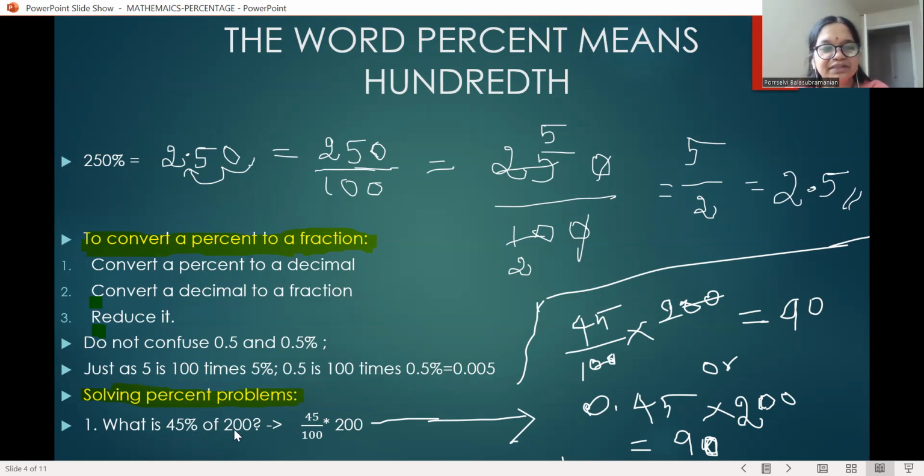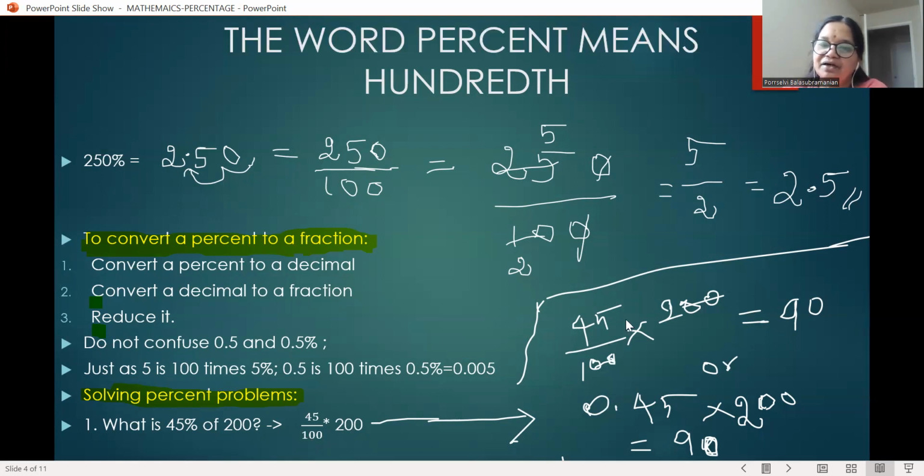Okay, so we'll solve one problem here. What is 45 percentage of 200? If the question is 45 percentage of 100, you can tell 45. Here the question is 45 percentage of 200. So you have to make it an equation: 45 divided by 100 multiplied by 200.